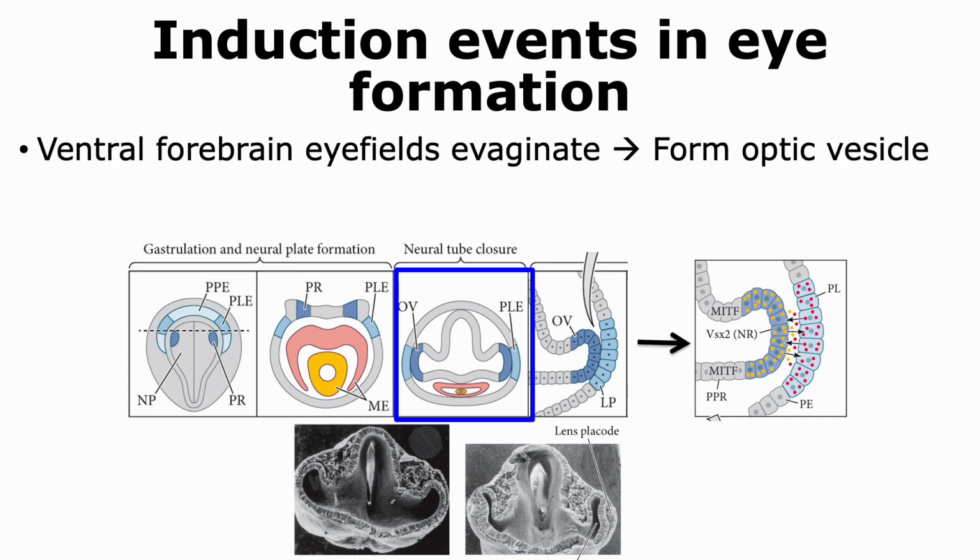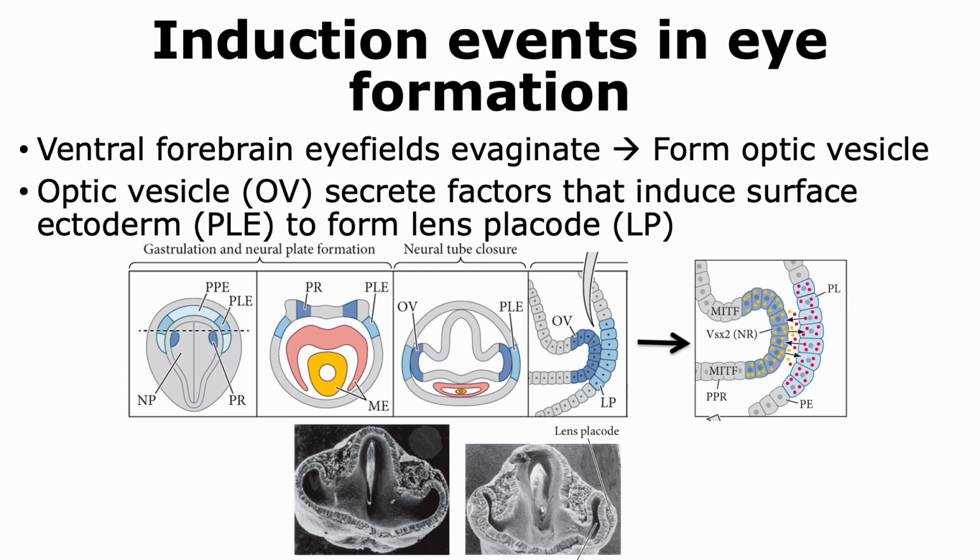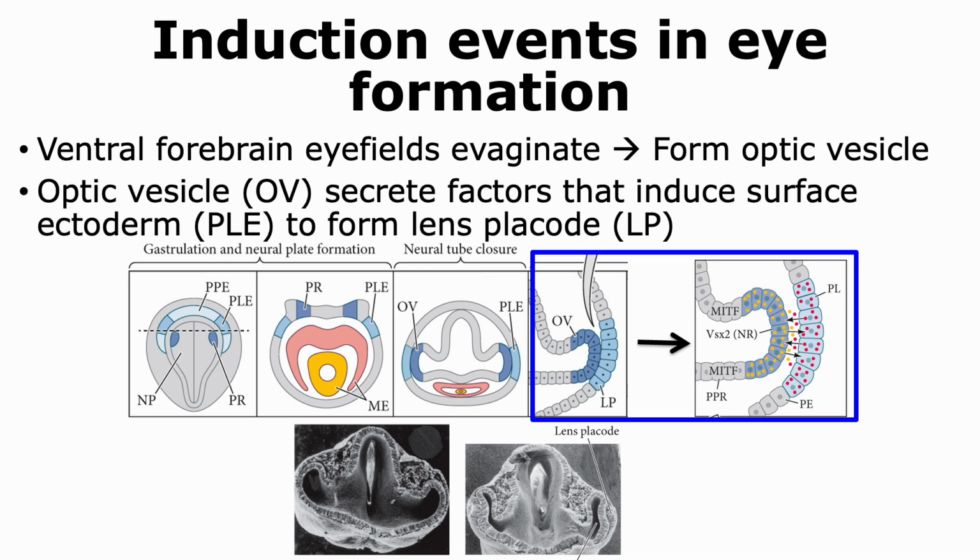Now, after neural tube closure happens, by this time we already have the eye field that has split into two parts. So these eye fields evaginate and form what are called the optic vesicles. The optic vesicles are shown in the figure as OV. Now the optic vesicles will secrete factors that induce the surface ectoderm to form the lens placode.